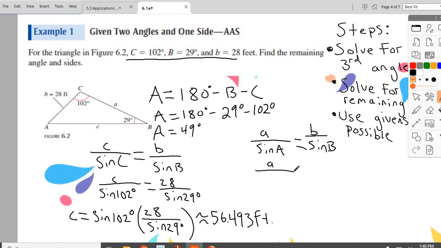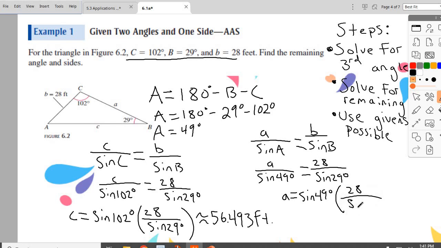So here we have A, we found to be 49 degrees. And then our b is still 28 over sine of 29. So again, solving the same way, we're going to multiply both sides by the sine of 49.